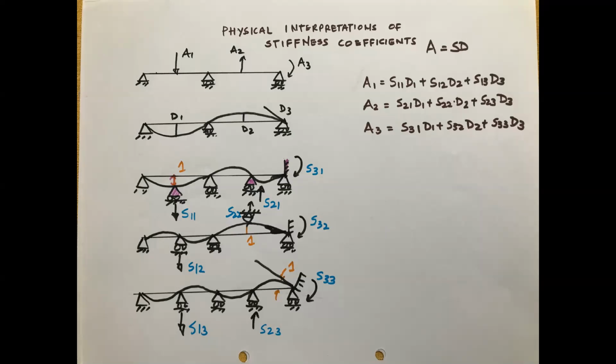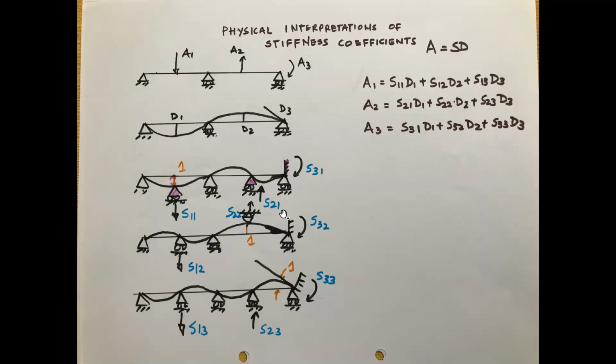Now, second diagram, you can see what we have done. We are allowing unit displacement at our second location. And we are calculating the stiffness coefficients generated at all three places where I have applied the load. Please understand, we are calculating corresponding forces and corresponding displacements. So what will happen?